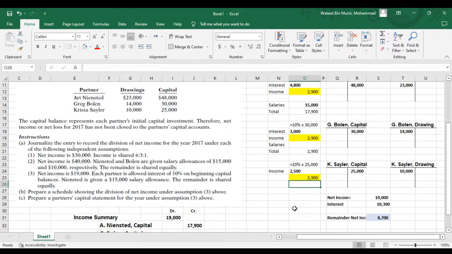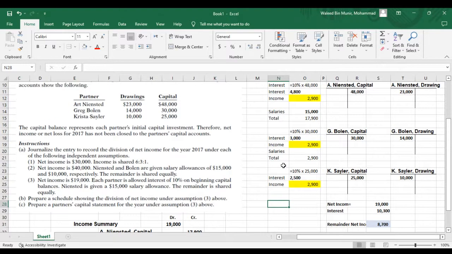Okay. Sorry, this is the income, this is the interest, right? Yes, Doctor. Income and interest, right?